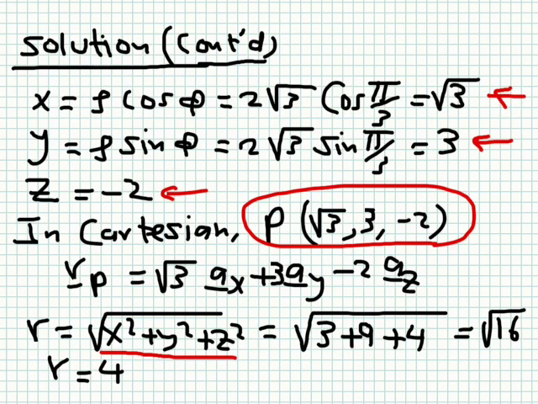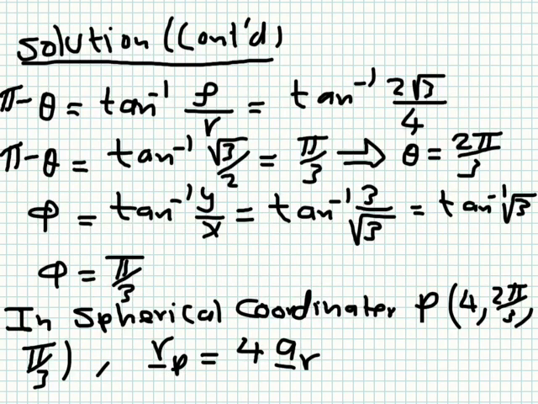Remember that in this example, I've shown you that the point is below the xy plane. So I'm not going to be solving for theta directly. I will solve for pi minus theta and then subtract to get theta. We'll be able to find it through the triangle involving this angle. If we take a look at the diagram we had, this is our point, and this is the z-axis.